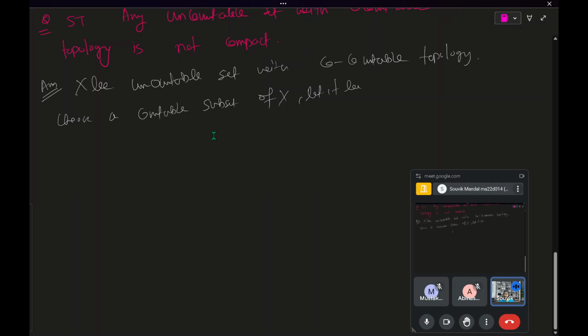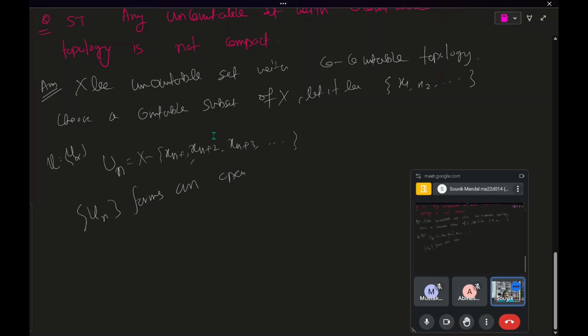We need to show this is not compact, which means we need to construct an open cover which does not have a finite subcover. So choose U equal to the collection of Un, where Un is equal to X minus {x(n+1), x(n+2), x(n+3), ...}. Then this Un forms an open cover for X.